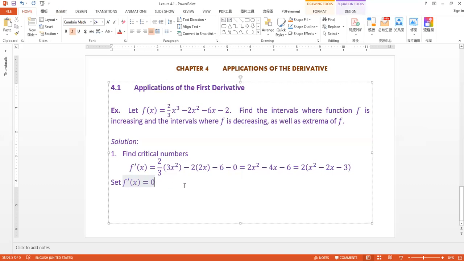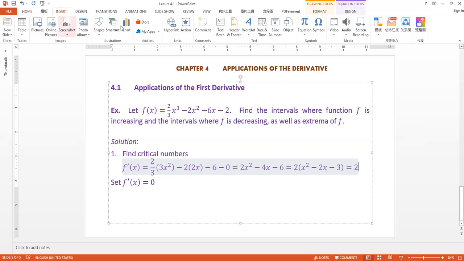So we need to factor the whole thing of f prime. Let's do it here on the previous line. So we get 2 times, and we can easily factor x squared minus 2x minus 3 as x minus 3 and x plus 1.